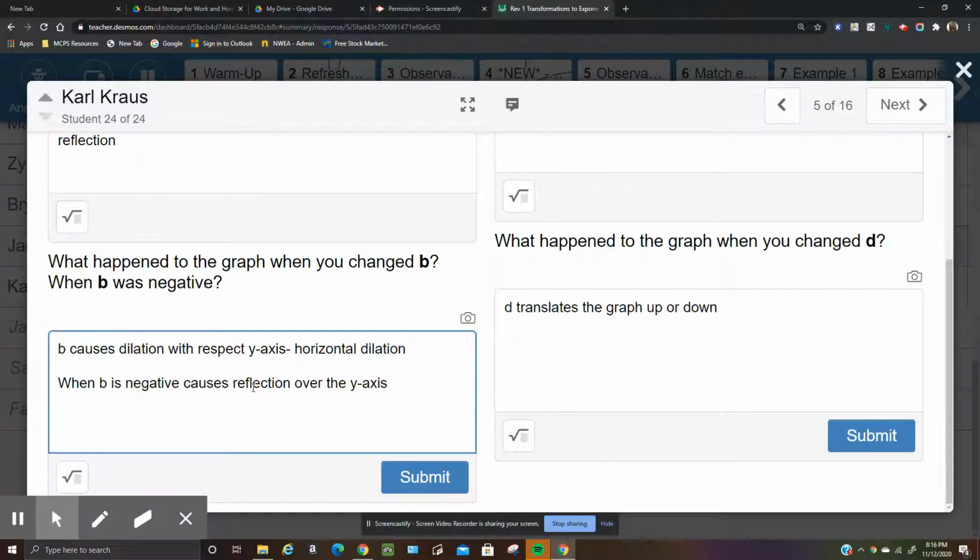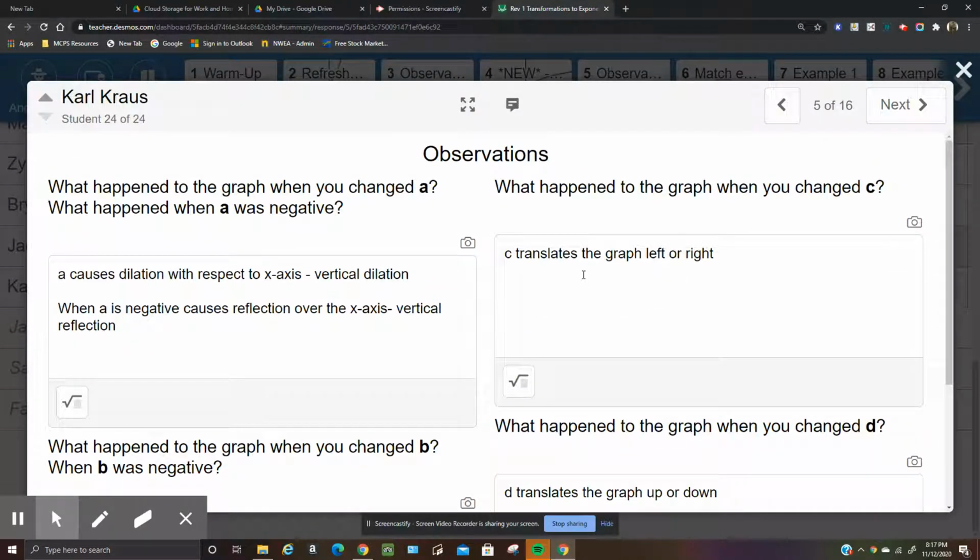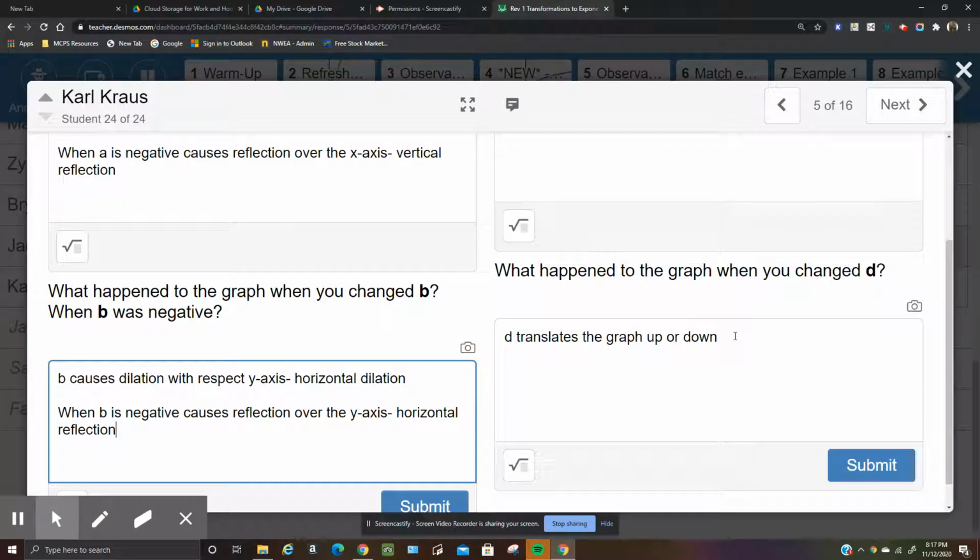And when B is negative, it causes a reflection over the y-axis, or horizontal reflection. And then C translates the graph left or right, and D translates the graph up or down.